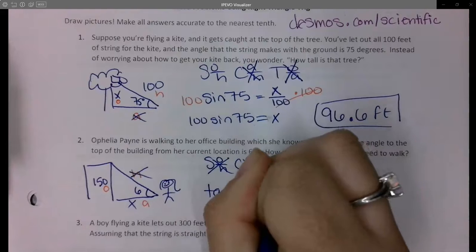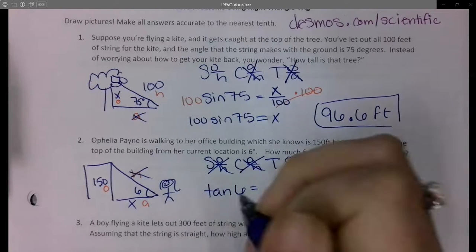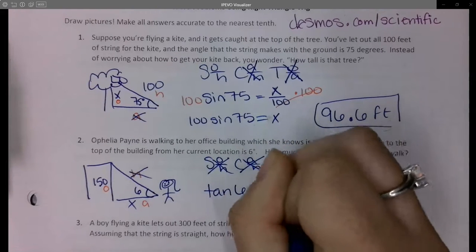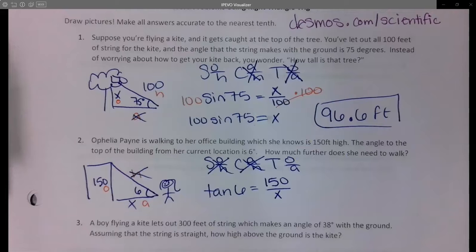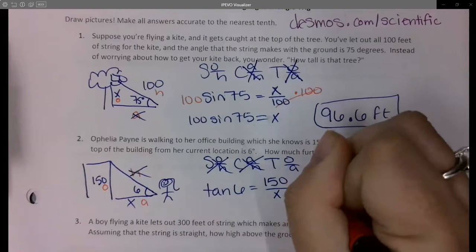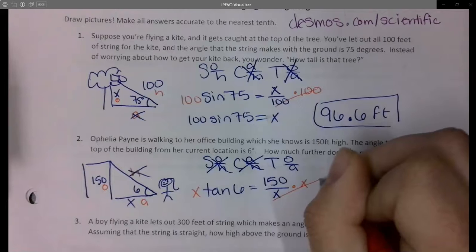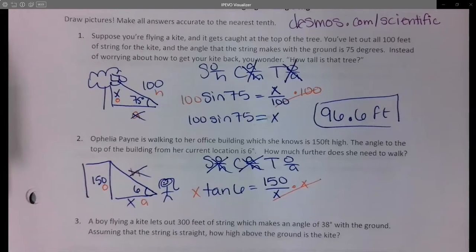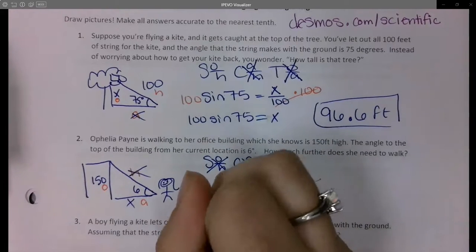So I'm going to have tangent 6 equals opposite over adjacent. So I'm going to have 150 over x. Then I'm going to treat this fraction just like the fraction before. I'm going to multiply both sides by x just to get rid of the fraction. So I'm going to rewrite.